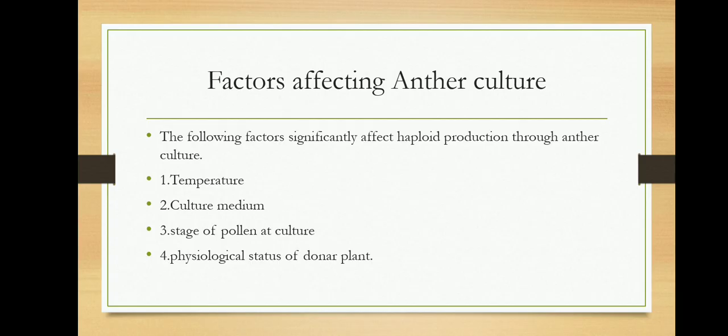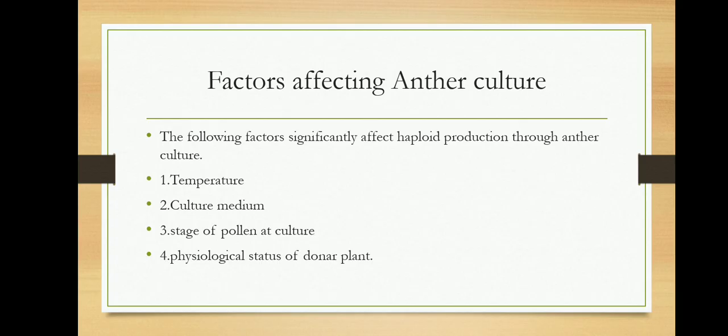For example, in Datura and tobacco, the anthers give the best response if the pollen is cultured at the first meiosis stage. And in most other cases, the anthers are most productive when cultured at the uninucleate microspore stage.